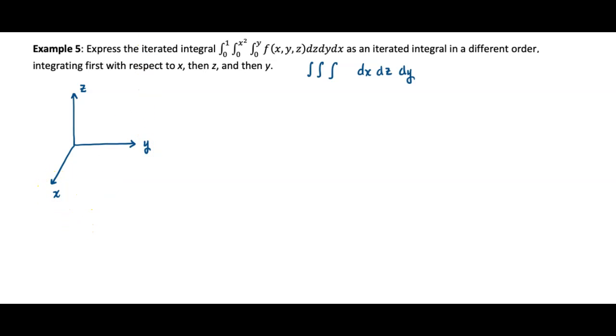Now, it's a little bit difficult to picture, but I know that x is going from 0 to 1. I know that y is going from 0 to x squared. And I know that z is going from 0 to y.